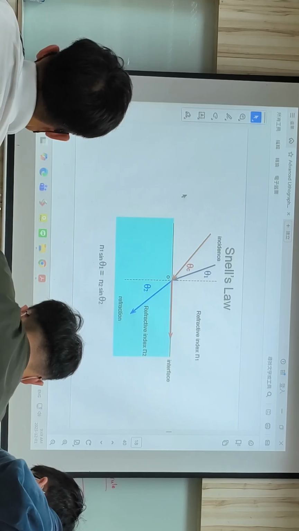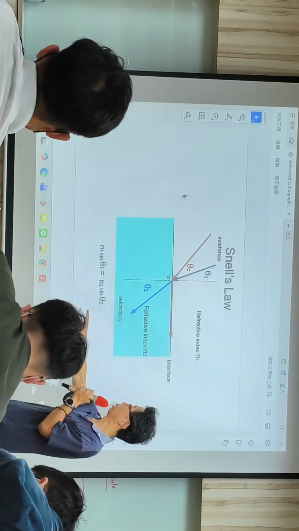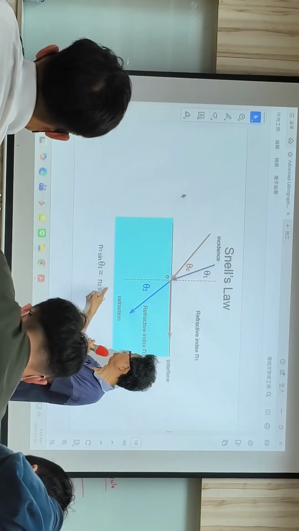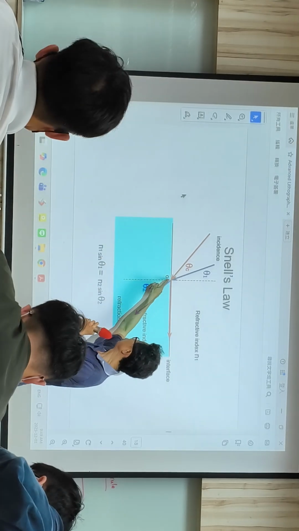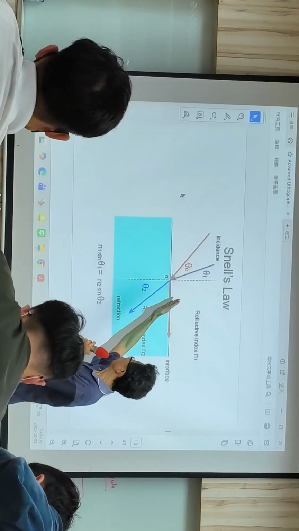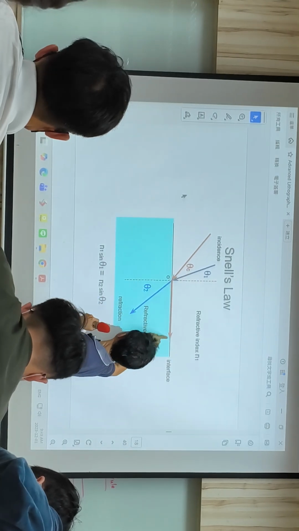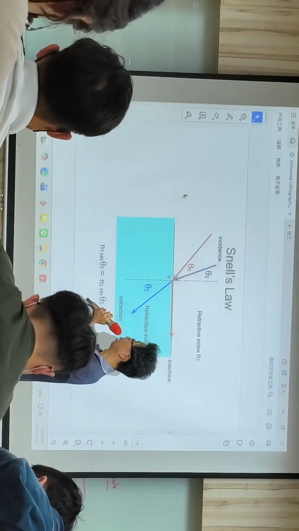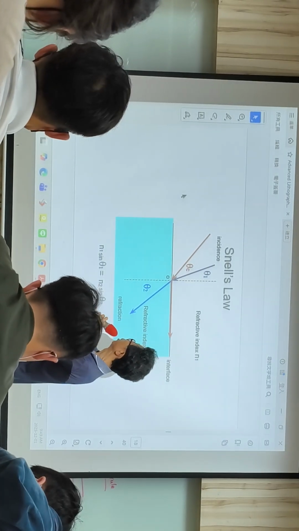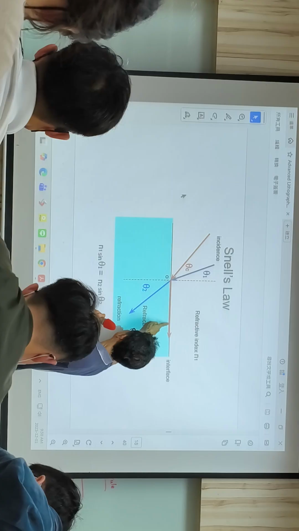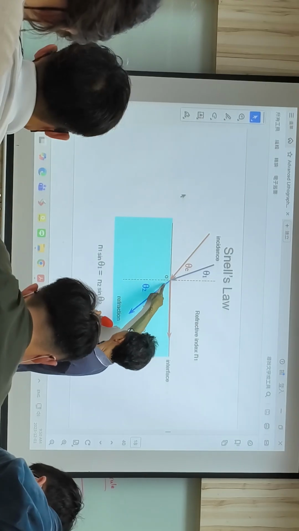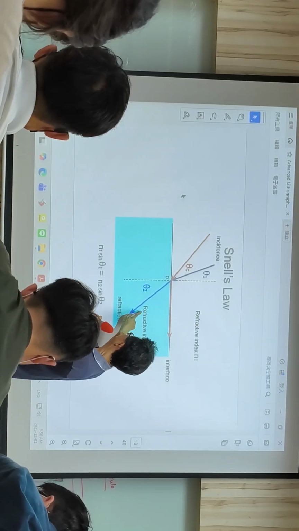So Snell's law tells you that n sine theta needs to be conserved when you go through different media. If the angle is too big, going to a threshold angle, then there is no refraction.